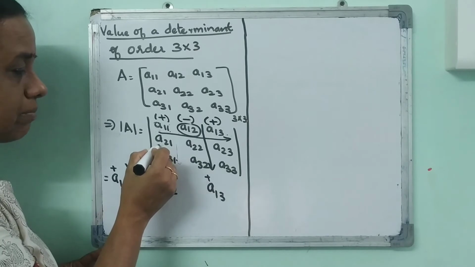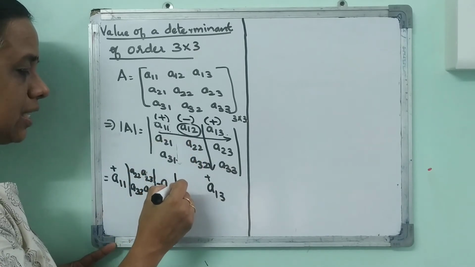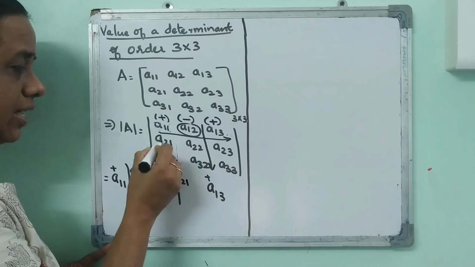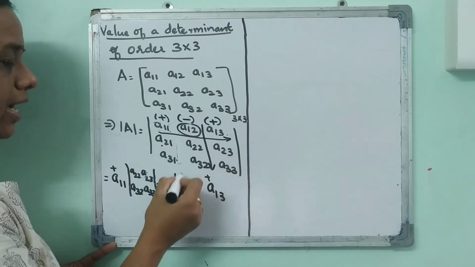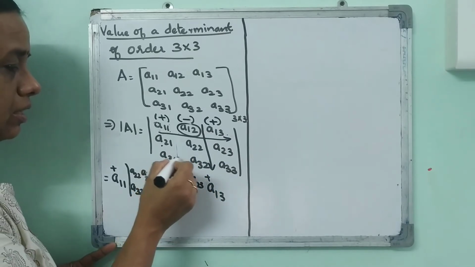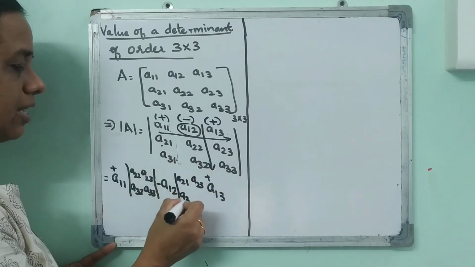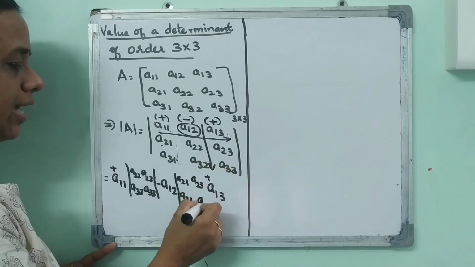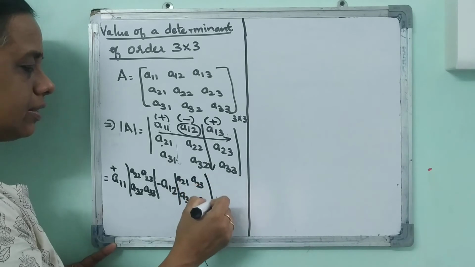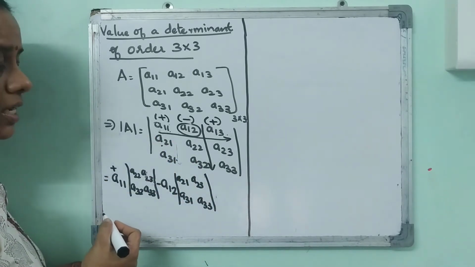What you get is a remaining determinant. The remaining determinant will consist of the elements A21, A23, then A31, and A33. That is what you have as the remaining determinant.